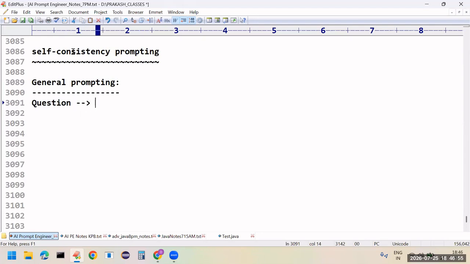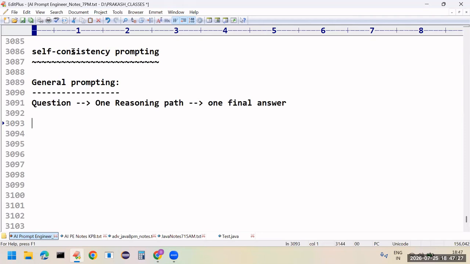ChatGPT is going to find one reasoning path, and from that reasoning path we get one final answer. This is what we covered till now. But in reflection prompting, what will we do?